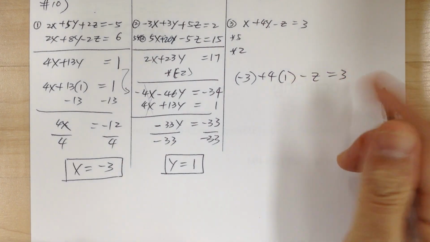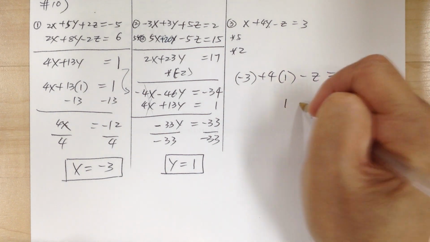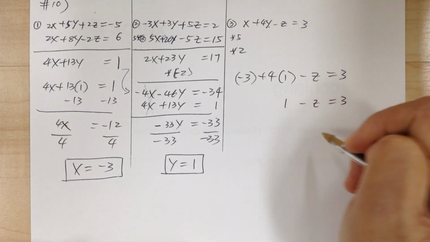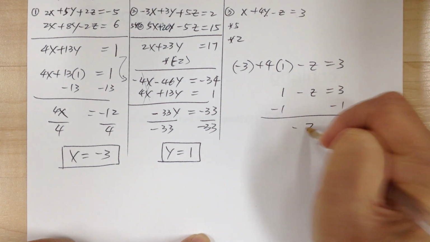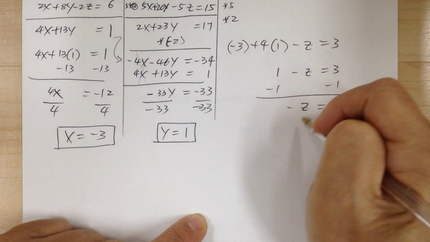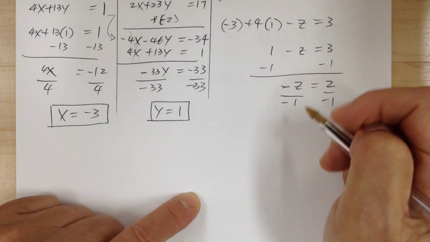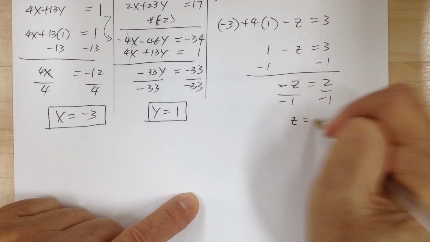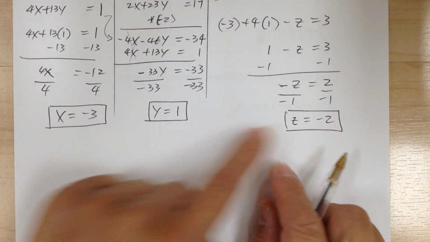This gives me 1 minus z equal to 3. Minus 1 on both sides, so negative z equal to 2. Then divide by negative 1, or multiply by negative 1, doesn't matter. So z equal to negative 2. And so that's your answer: negative 3, 1, negative 2.